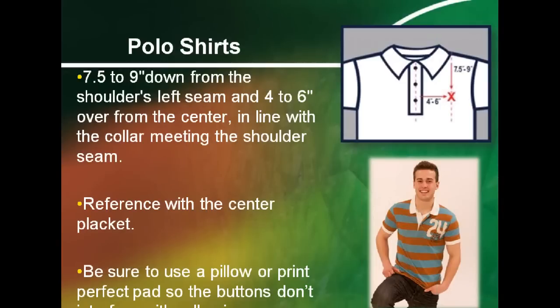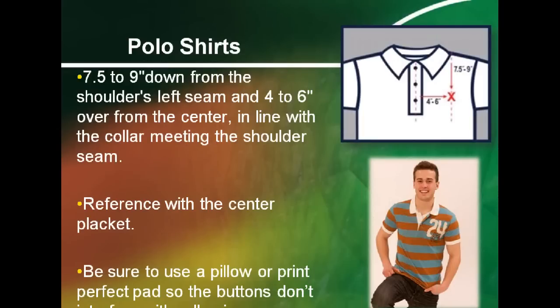A print perfect pad actually works the other way. What you're doing with the print perfect pad is elevating the design. You're not trying to depress over seams or buttons or zippers. You're raising the design above your seam, button, or zipper so those fall underneath, and then you're just applying the area that you want to apply.